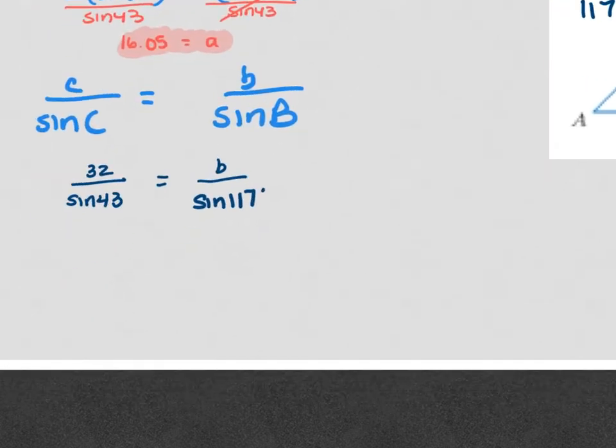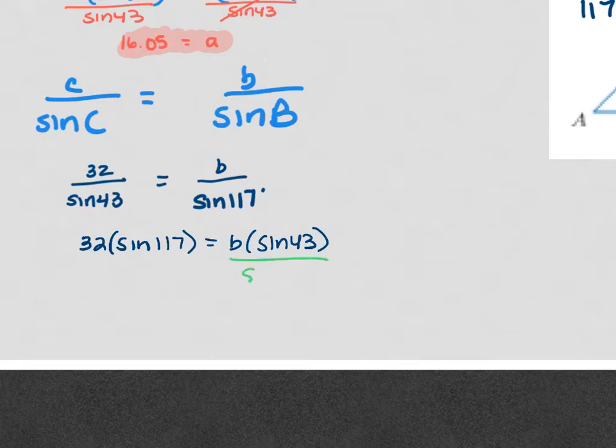So now from here, I'm going to cross multiply. 32 sine of 117 equals B sine of 43, and then divide. And 32 sine of 117 divided by sine of 43.